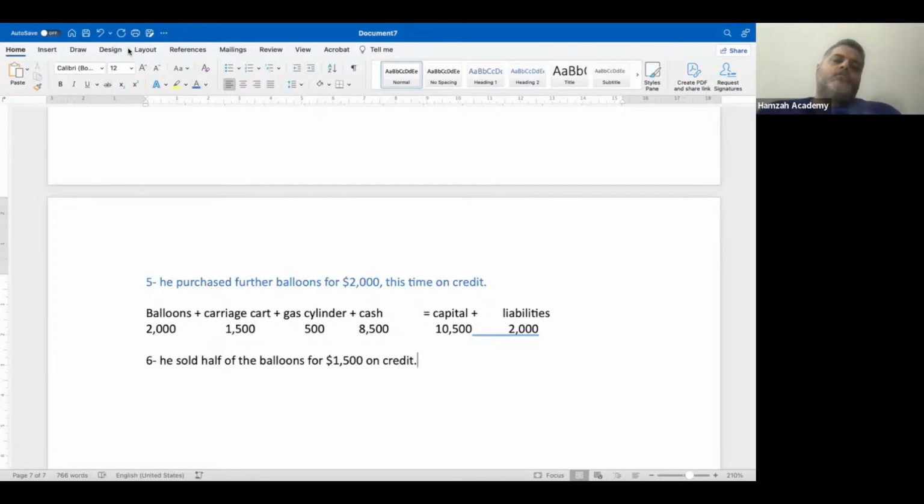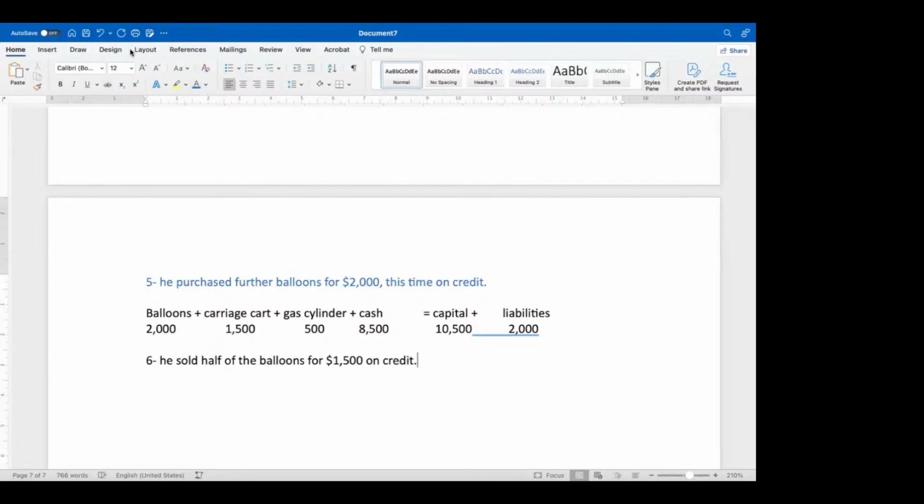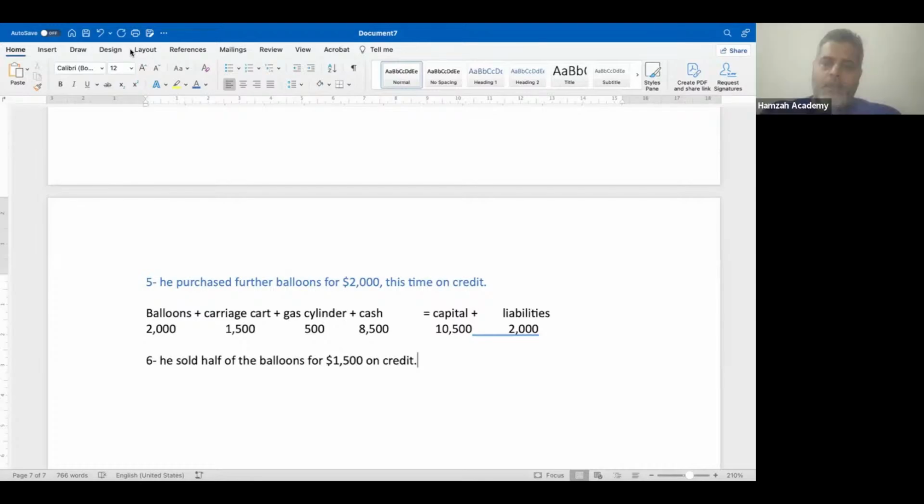Now, he has sold half of the balloons for 1,500, but this time on credit. So technically, if he has sold the balloons on credit to somebody, it means he has to get the money from him. So if it's probable that he's going to get the money, he's going to get the economic benefit. So the person to whom he has sold is going to be his asset over here.